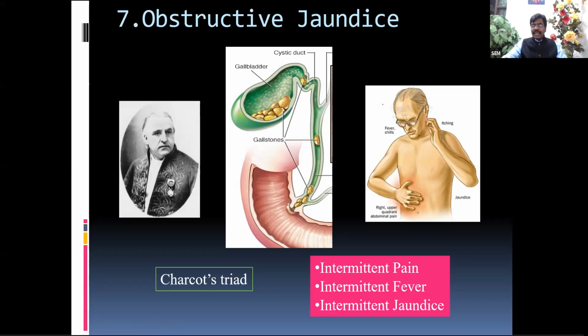But having said that, there are about 10% of people, rarely, who can develop a stone in the CBD, the bile duct itself. That is called a primary bile duct stone. Give an example, if you ask me. People in Southeast Asian countries, because of worm infestation like Clonorchis sinensis or Fasciola hepatica, liver flukes, can have an infection.